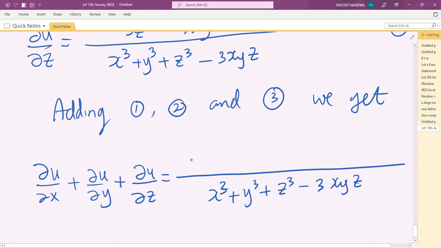And then the first was 3x squared minus 3yz. Next was 3y squared minus 3xz. Next was 3z squared minus 3xy.